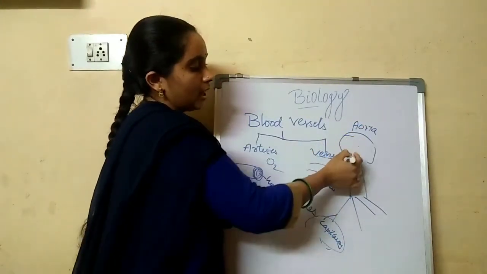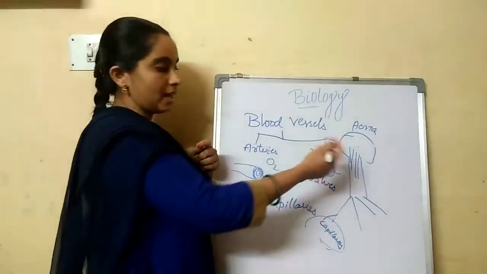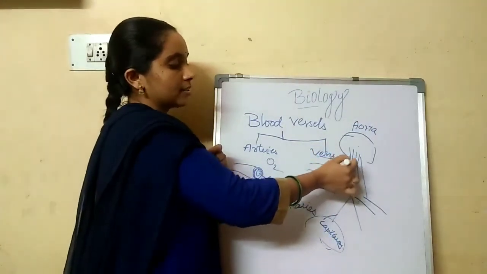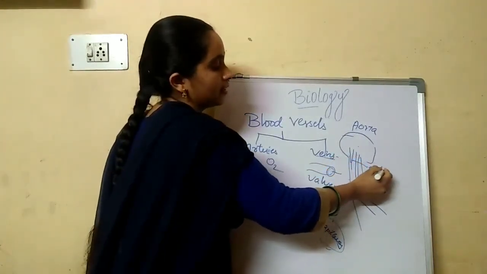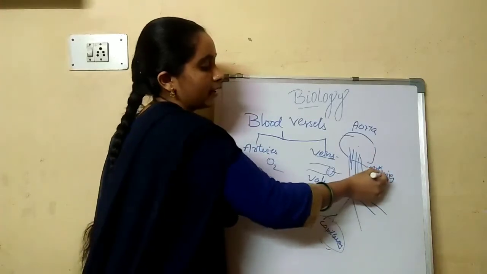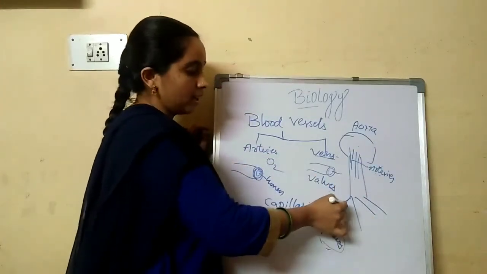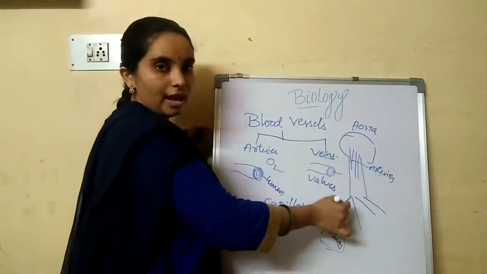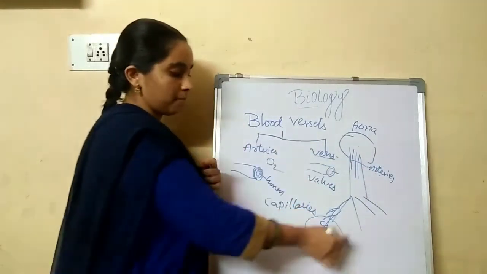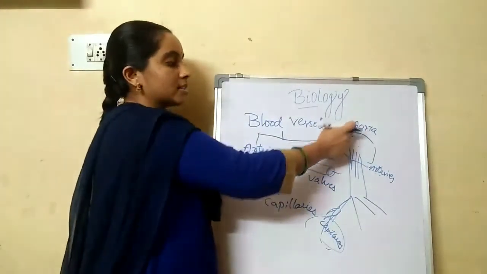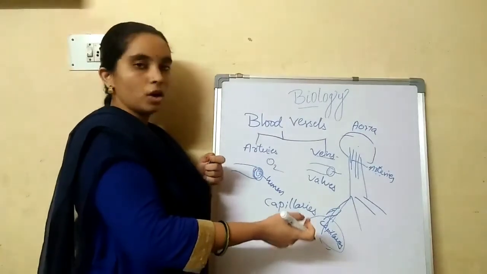The aorta gives the blood to the different branches or the stem, which you consider as the arteries. These arteries again give the blood to the capillaries. Like a tree has roots, the same way arteries subdivide into capillaries. This way oxygenated blood is carried and given to the body parts.